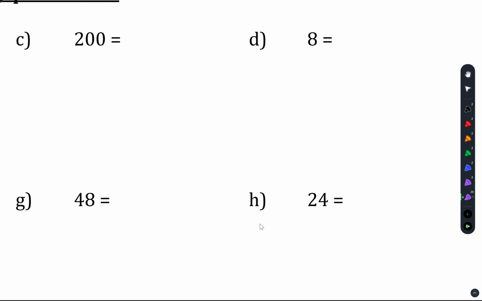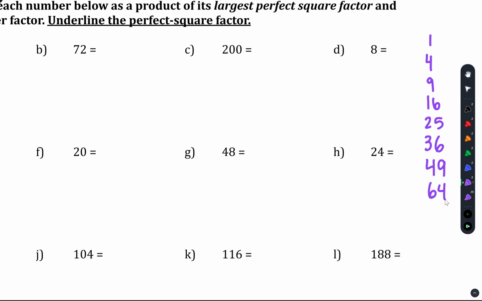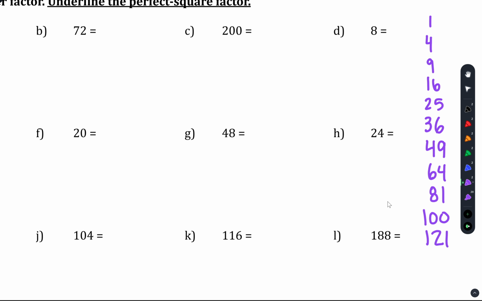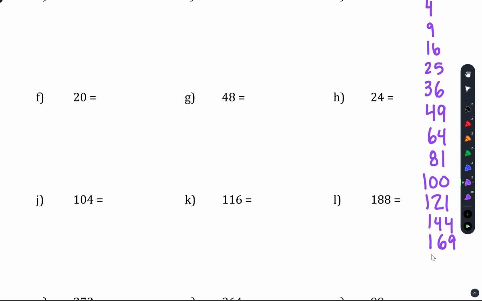So go to the side somewhere, and I'm going to list them from 1 all the way to 196. 1, 4, 9, 16, 25, 36, 49 is the one that I always forget about, so don't forget about things. 64, 81, 100, 121, 144, 2 more, 169, and 196.